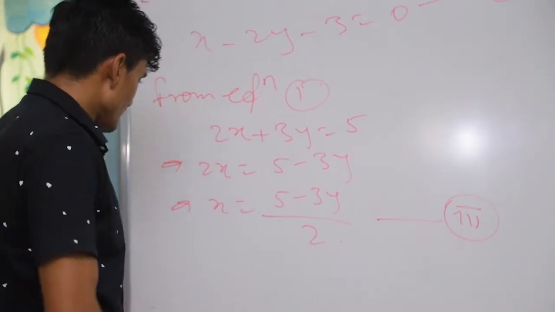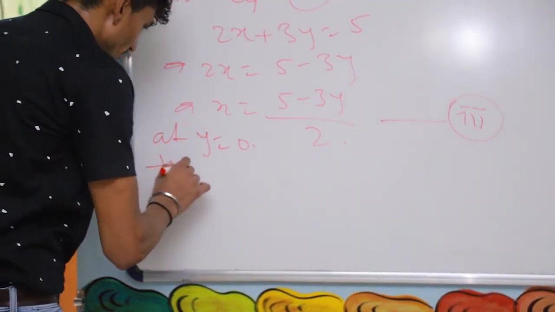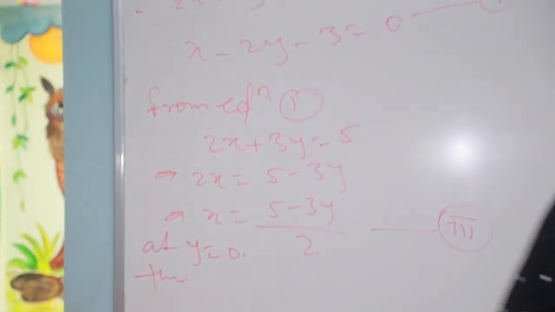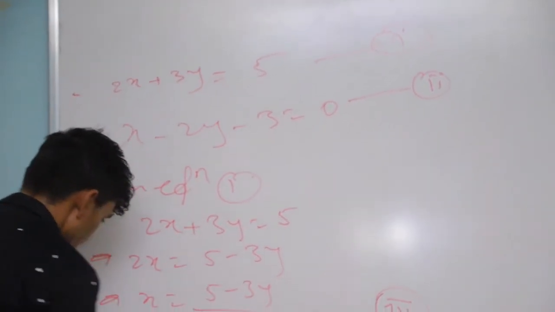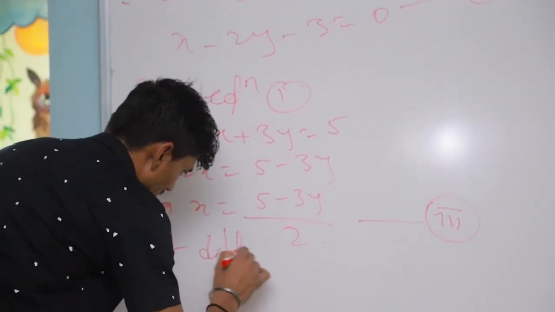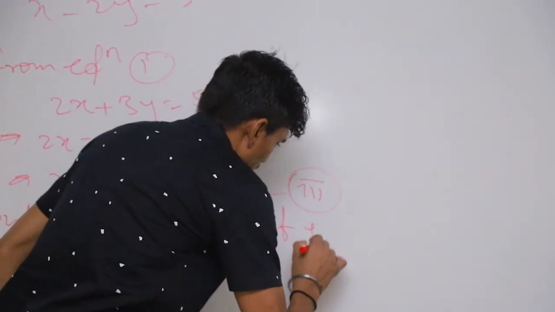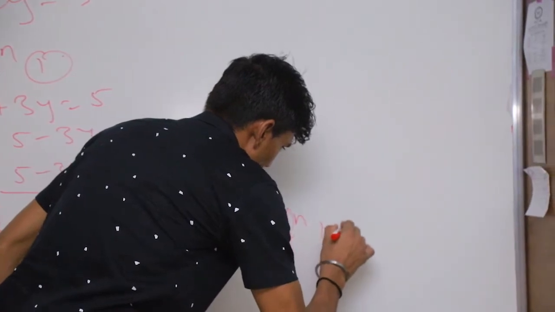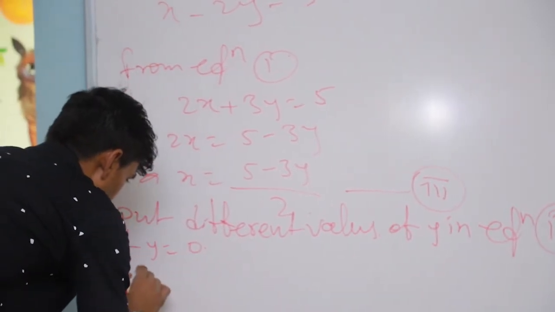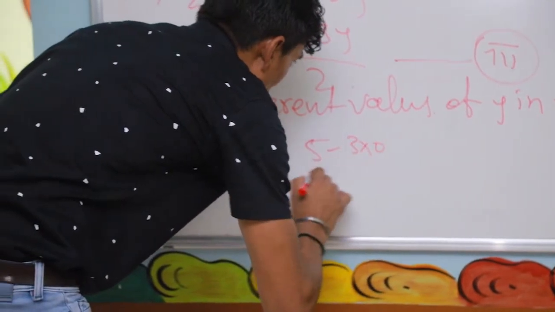So let's do it. Take y equal to 0. Put different values of y in equation 3. At y equal to 0, x is equal to 5 minus 3 into 0 by 2.